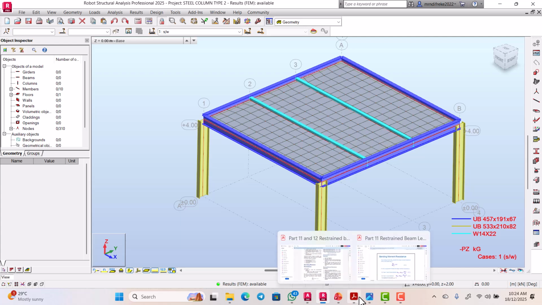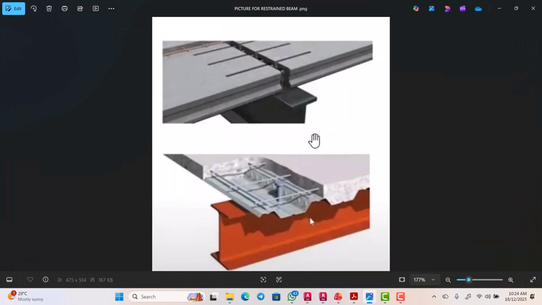So let me also show you the second picture here. Now, when you look at this, the top flange is being prevented from movement. It's being prevented from lateral and rotational movement. How? Because of the introduction of this concrete, and we have the metal steel deck.